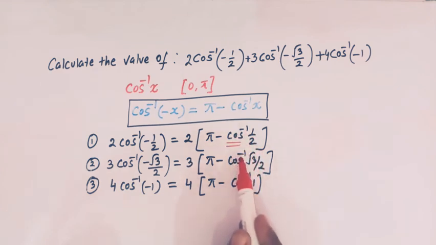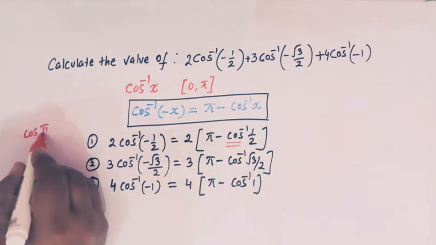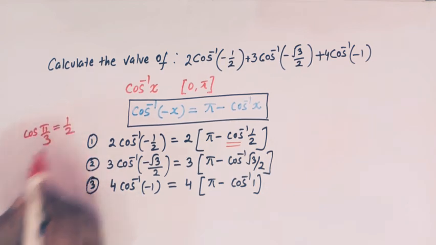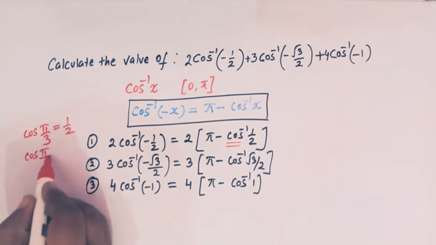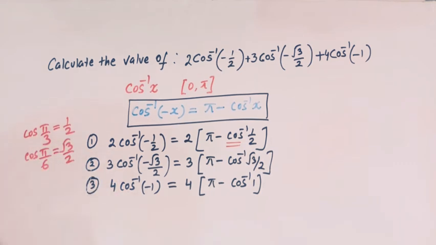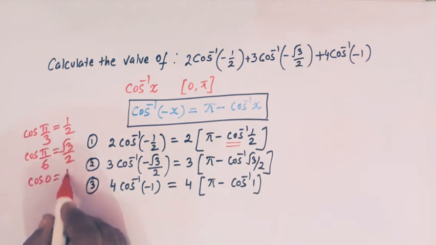Okay, so viewers, now we have to write the values of cos inverse of half, cos inverse of root 3 over 2, and cos inverse of 1, right? Now we know that cos of pi by 3, that is cos 60, is equal to half. Similarly, cos of pi by 6, that is cos 30 degrees, is equal to root 3 over 2, and cos of 0 is equal to 1, right?